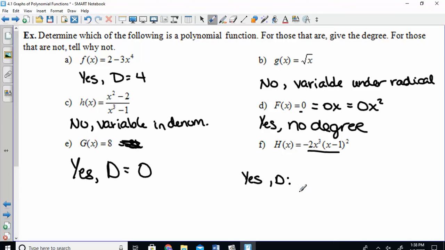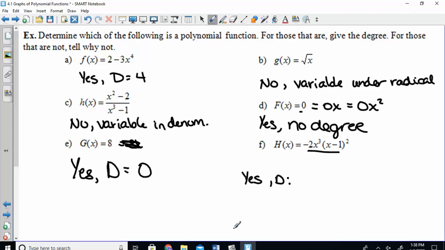When I ask you the degree, degree is the highest power, but that's only if it's written in the standard form, something plus something plus something. If it's written in this factored form, we have to think about, if I multiply this all out, what power of x would I get? Now, I don't really want to multiply everything, because I only care about that term with the highest power, correct?